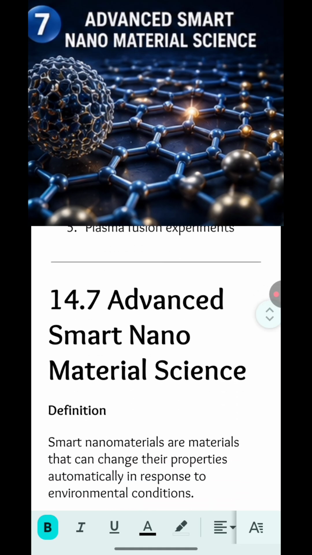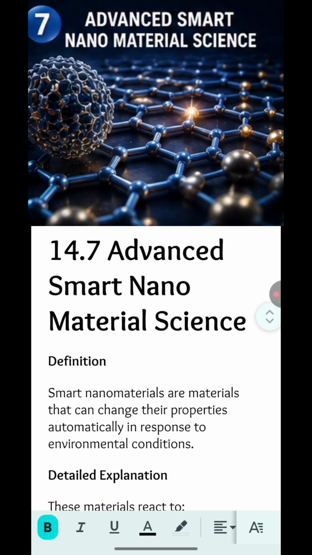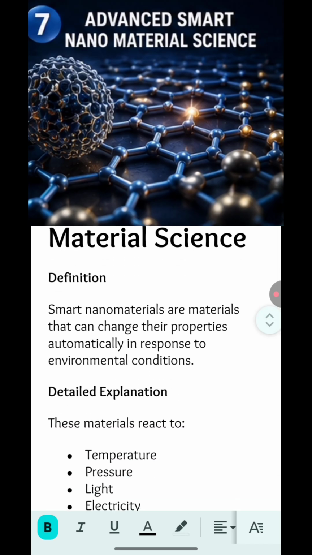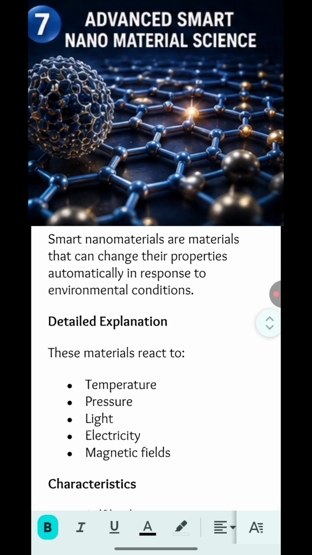Next topic is advanced smart nanomaterial science. Smart nanomaterials are materials that can change their properties automatically in response to environmental conditions. These materials react to temperature, pressure, light, electricity, and magnetic field also.